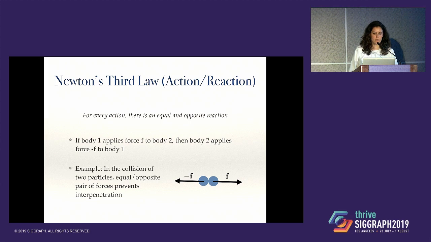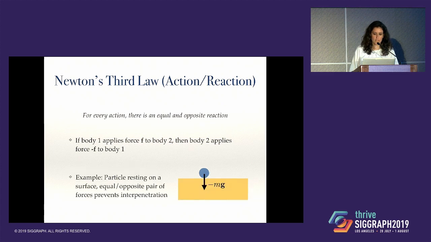Another example is the collision of two particles. If two particles are moving toward each other and they collide, a pair of forces will be generated that prevent them from interpenetrating, with F on one particle and minus F on the other. Also, consider a particle resting on a table or surface.